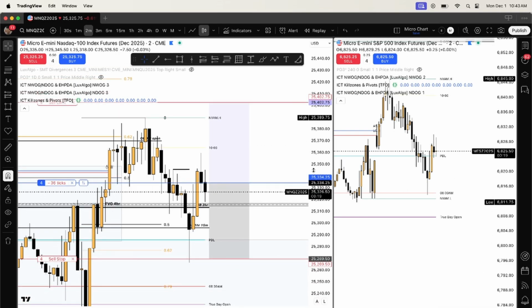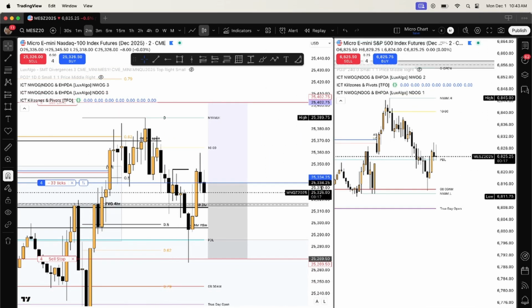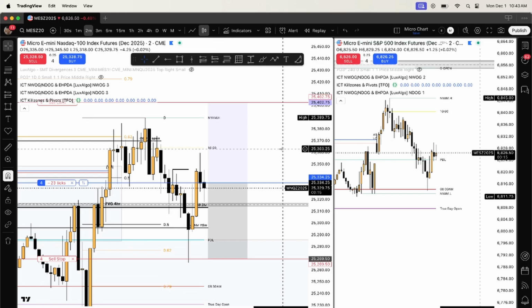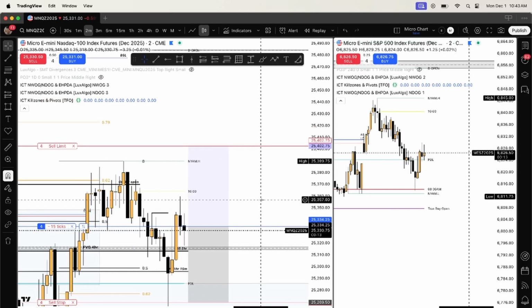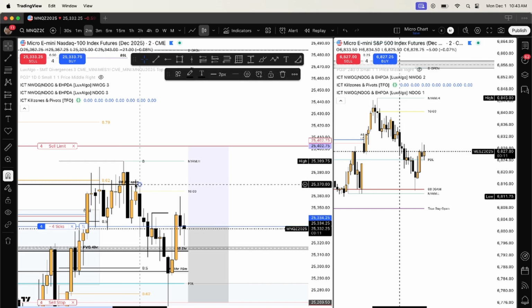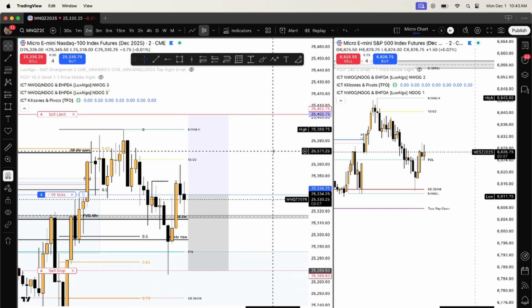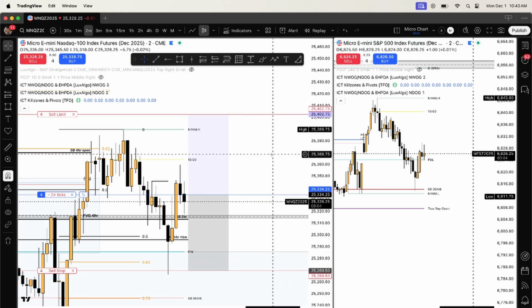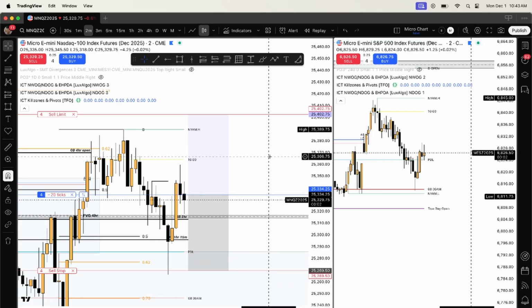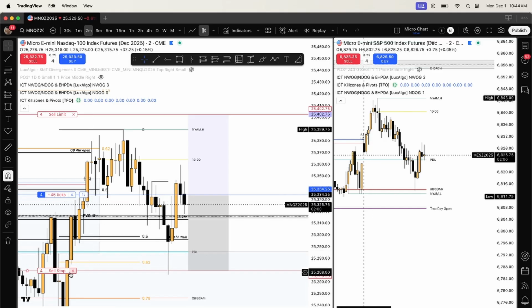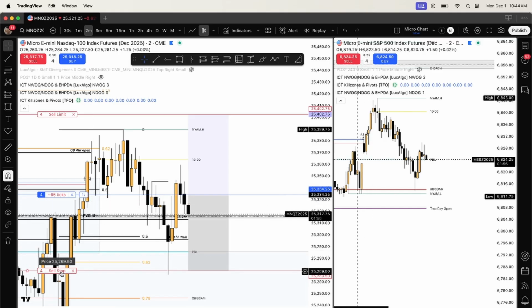But it just doesn't seem like the market structure would want to be bearish. To me, it just looks bullish. So if we lose, then I don't know. I don't know what to tell you guys, to be honest. The market just does what it does, you know?